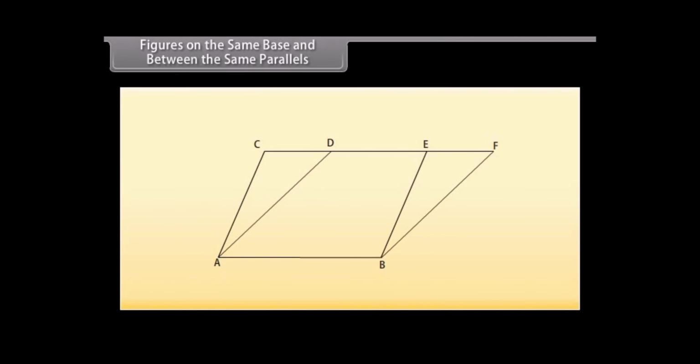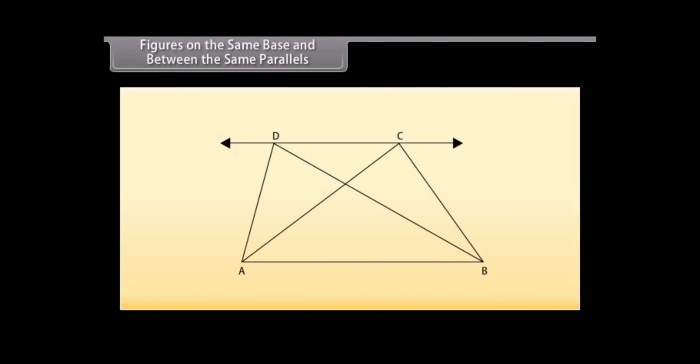So we can say that both the parallelograms lie on the same base AB and between the same parallels AB and CF. Similarly, in this figure, the triangles ADB and ACB both lie on the same base AB and between the same parallels AB and DC.